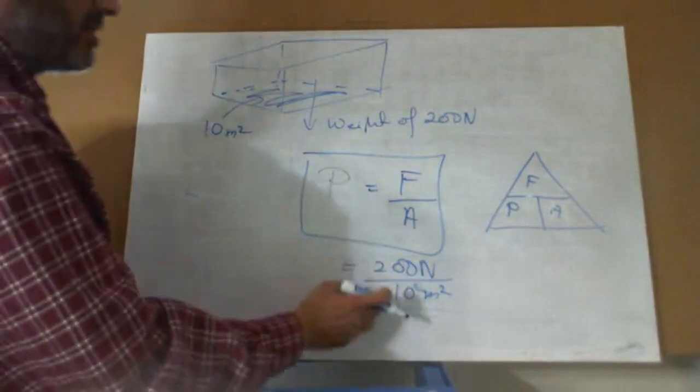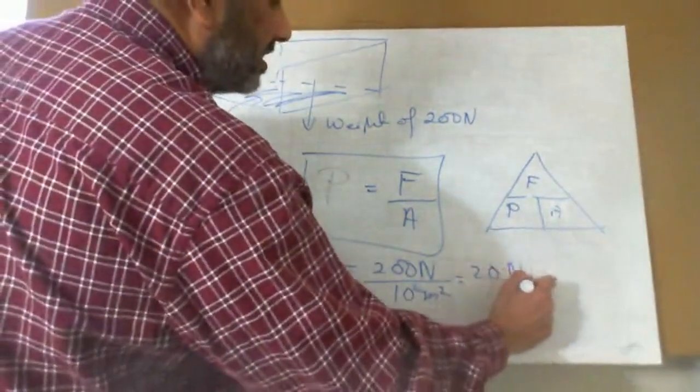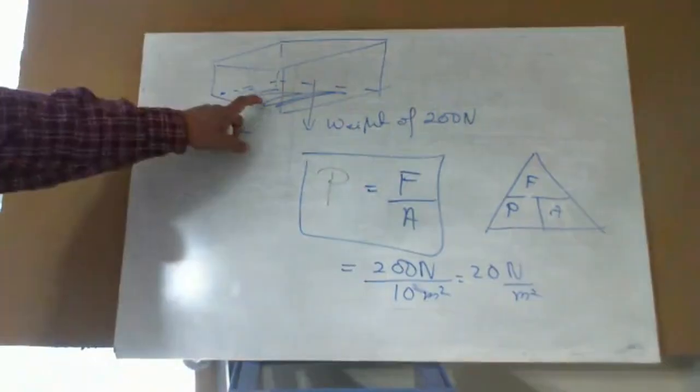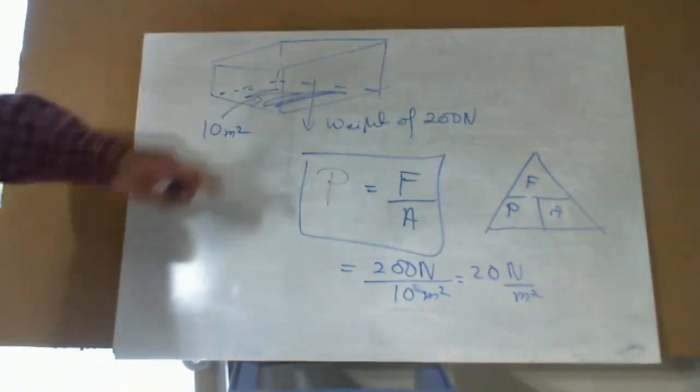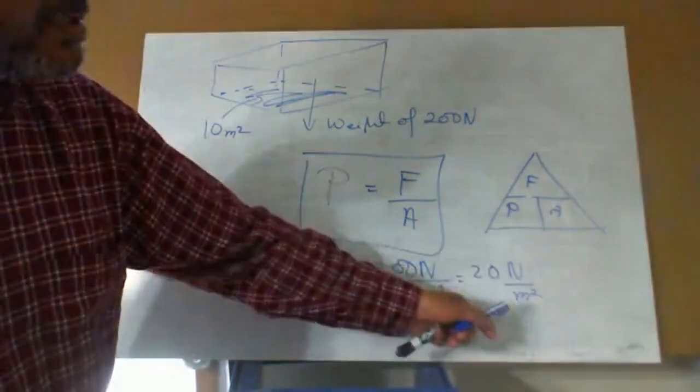Of course, 200 divided by 10 is 20 newtons for every square meter. So every square meter of this bottom would feel a weight of 20 newtons.